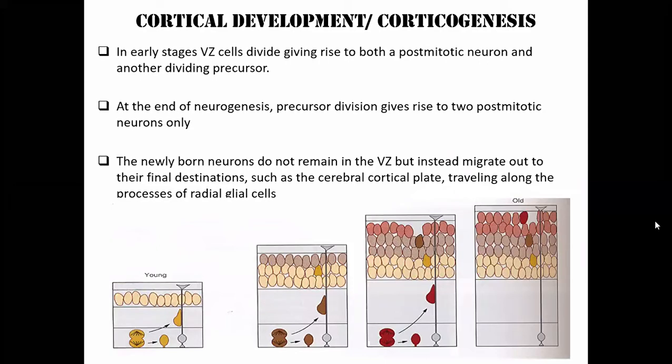So you see that at the end of these processes, there is also the destination of your different nerves. So it travels along the processes of your radial glial cells.